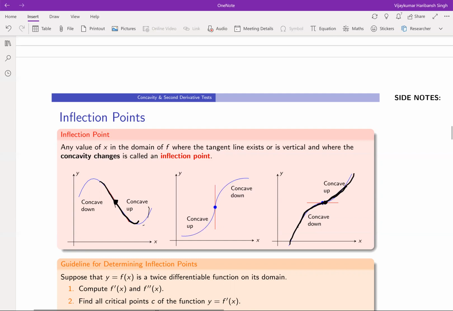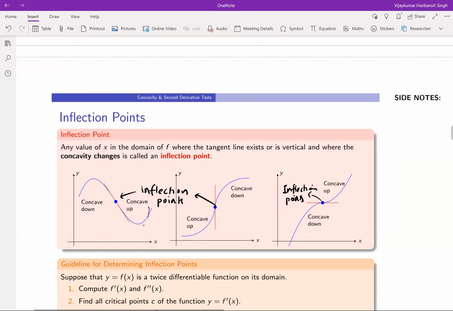So all these points are special points. They are what are called inflection points, where the function changes from concave down to concave up or concave up to concave down.